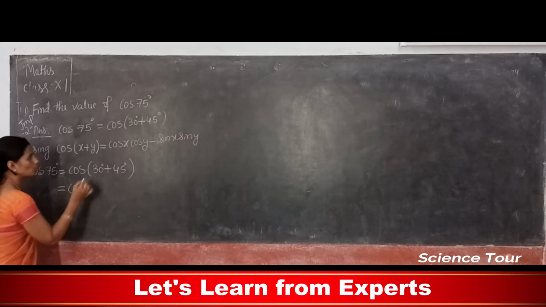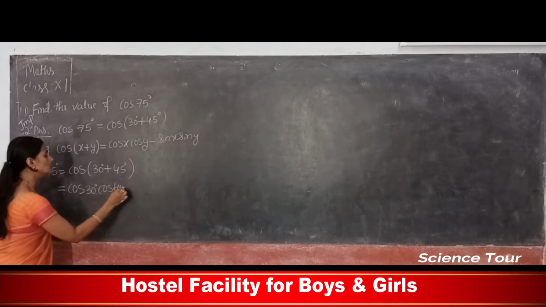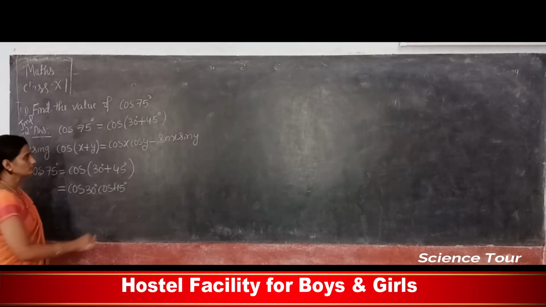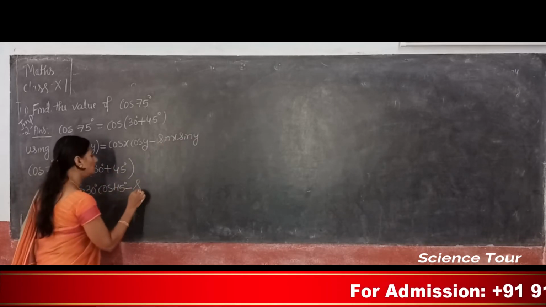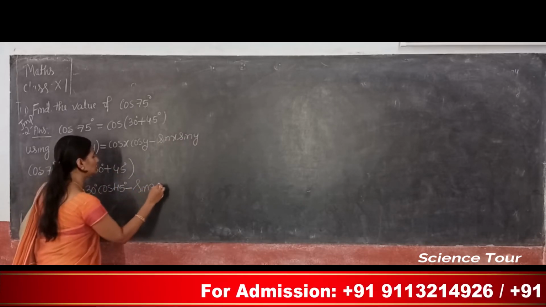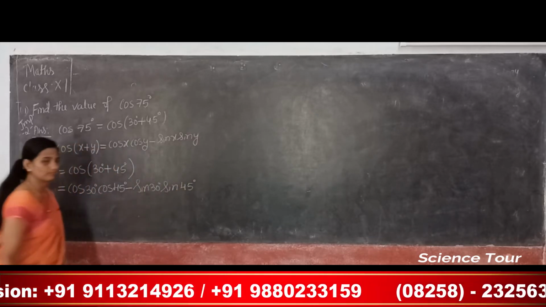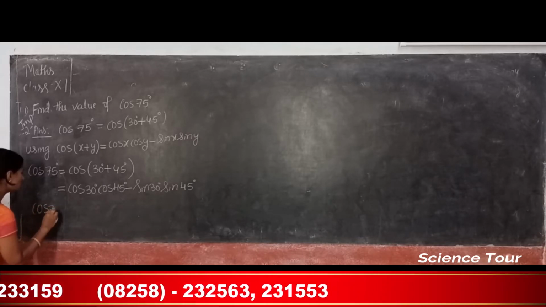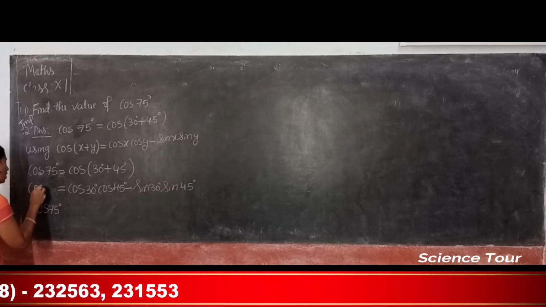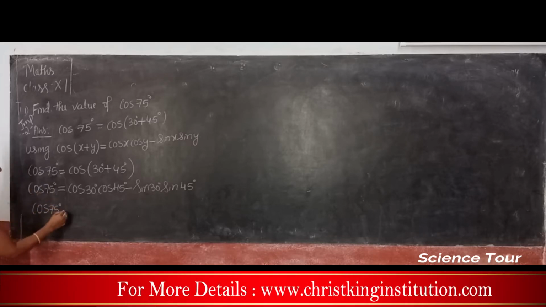So which is equal to cos x cos y, cos 30 into cos 45 degree, minus sin x sin y, where x is 30 degree and y is 45 degree.